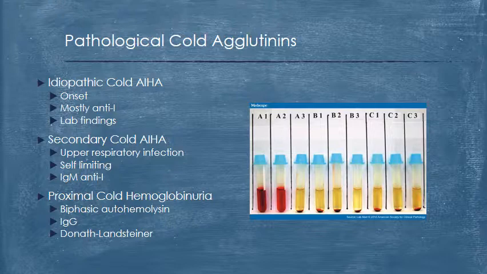That's what I'm trying to say. So usually you have this anti-big I specificity. You do have, less commonly, the anti-little I, and even less commonly than that, an anti-PR specificity, but almost always it'll be an anti-big I specificity.